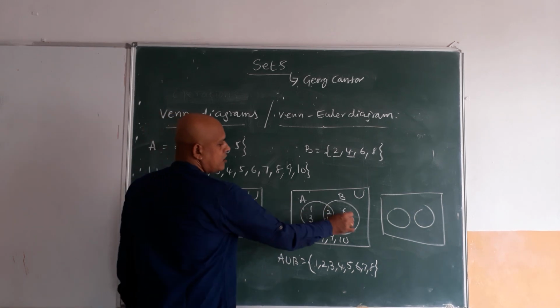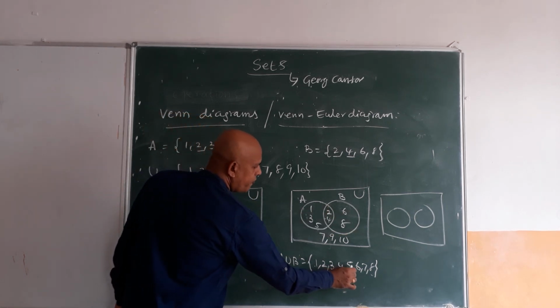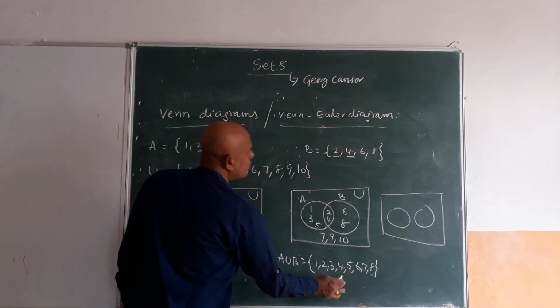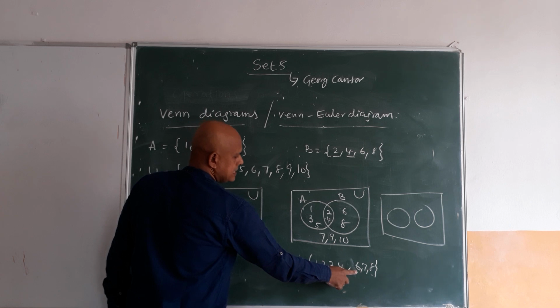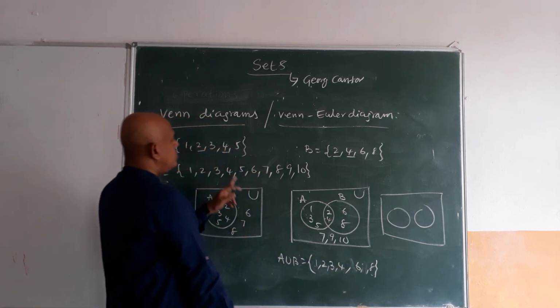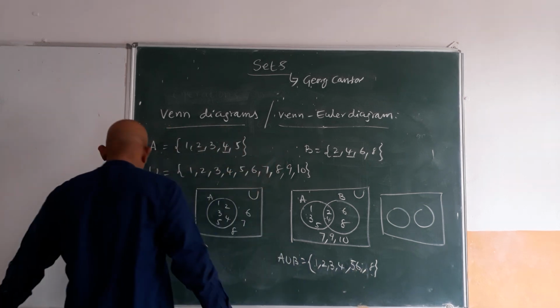So what are the elements of A union B? That is equal to 1, 2, 3, 4, 5, 6, 8.